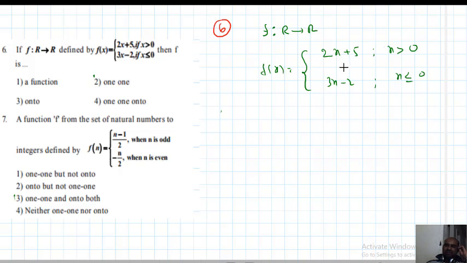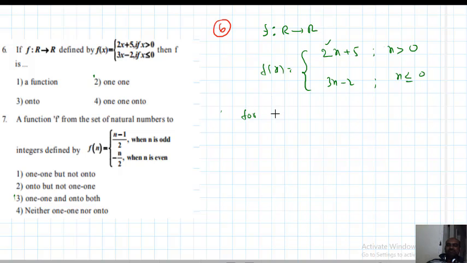Okay, first of all, directly I can say that it is one-one only, no? 2x plus 5 gives a straight line in the coordinate plane, one-one only. 3x minus 2 also one-one, that is not a big problem. No need to check in the examination, directly you can say that it is one-one. But I want to explain here.